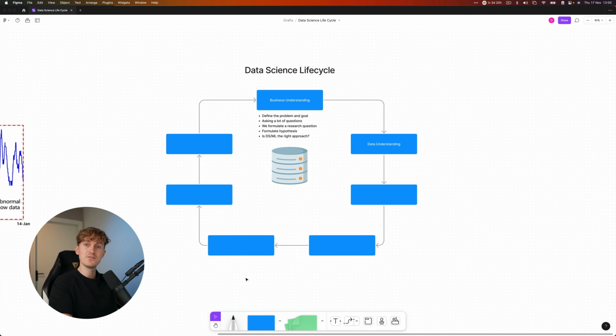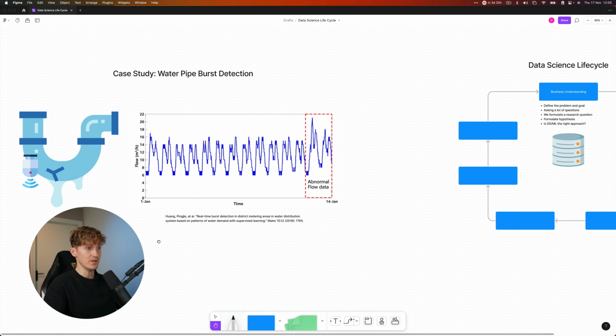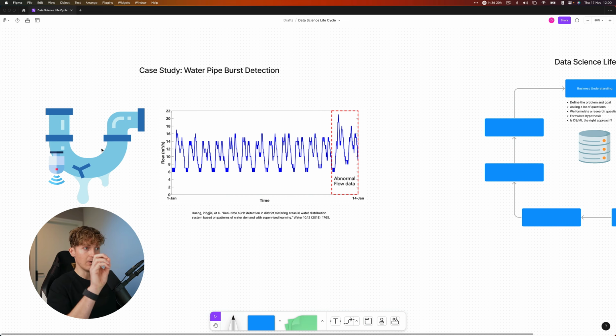And this is also why it's very important to be very curious as a data scientist and ask a lot of questions to really understand the data and how you can use that to solve the problem. So you really have to go and talk to the engineers that know how these pipes work and know how water flows through these pipes in order to get a good understanding of why we're seeing these patterns within the data and what is normal behavior and what is abnormal behavior.